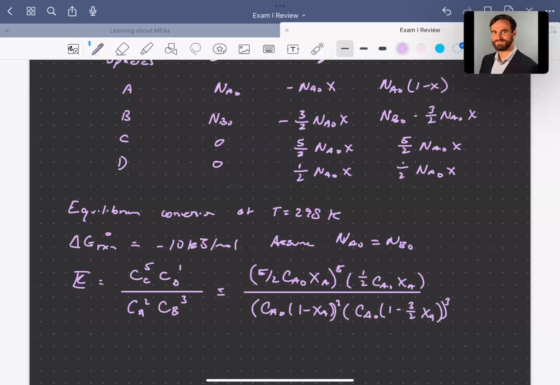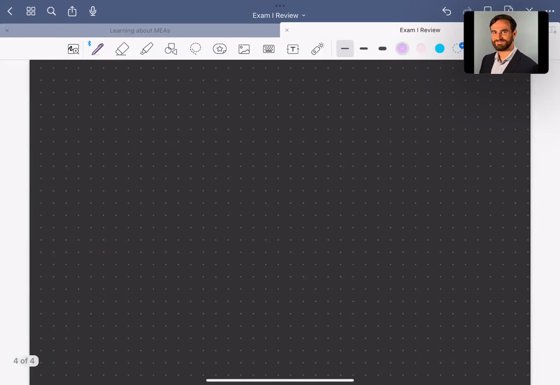And this is going to be equal to the equilibrium constant, which is equal to e to the minus delta G of reaction over RT. And so here we could use this information to solve for the equilibrium conversion XA.